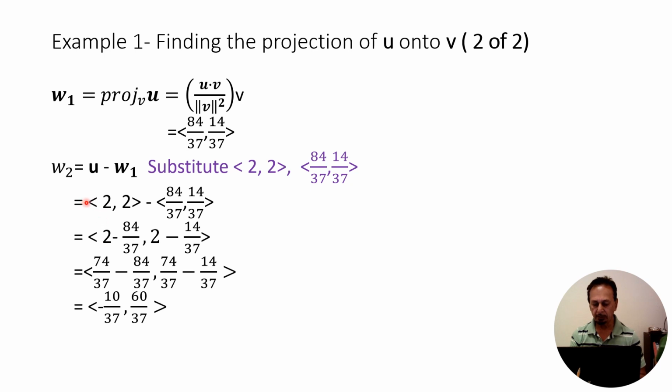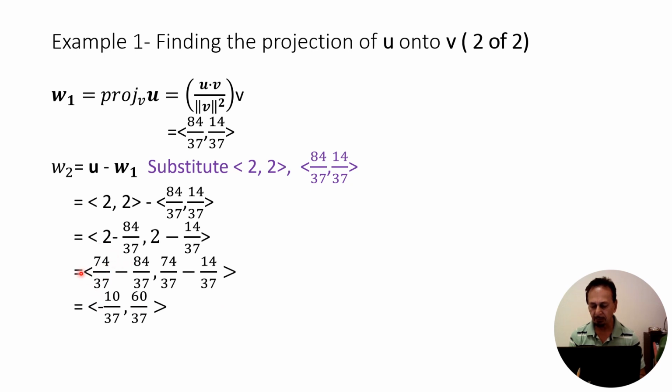So now we substitute: angle bracket 2 comma 2 angle bracket minus angle bracket 84 over 37 comma 14 over 37 angle bracket. Now we subtract the first components, 2 minus 84 over 37, comma, then subtract the second component from 2, 2 minus 14 over 37.